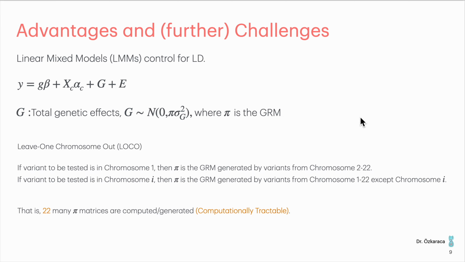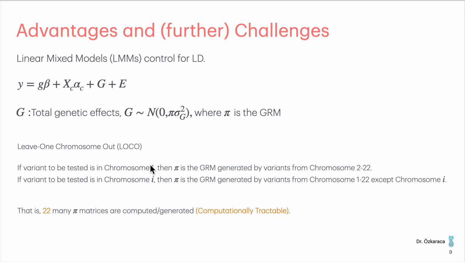Okay, the next confounder was LD. And for that, what we do in that setup is apply something called the leave one chromosome out, or LOCO for short, approach. And what is that? It is simply that if a variant is tested in chromosome 1, then we use pi, the genetic relationship matrix, which is calculated using only the variants from chromosome 2 to 22.